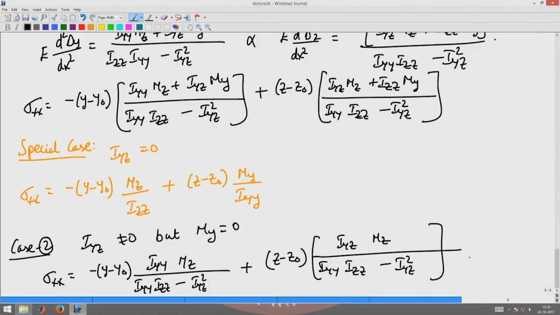Now, in this scenario, the next thing that is of interest is to find the neutral axis of the cross section. When the beam was bending along one direction, the neutral axis was a straight line perpendicular to the line of action of the load.